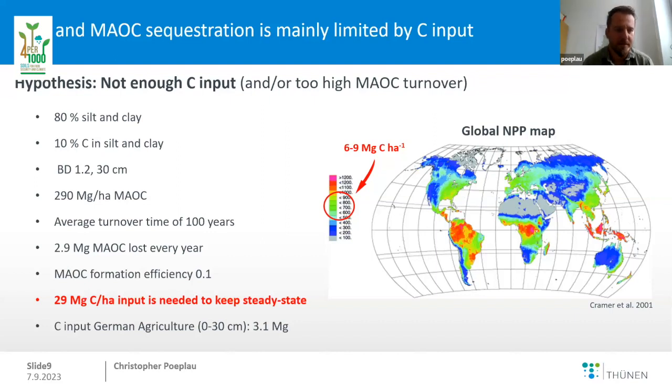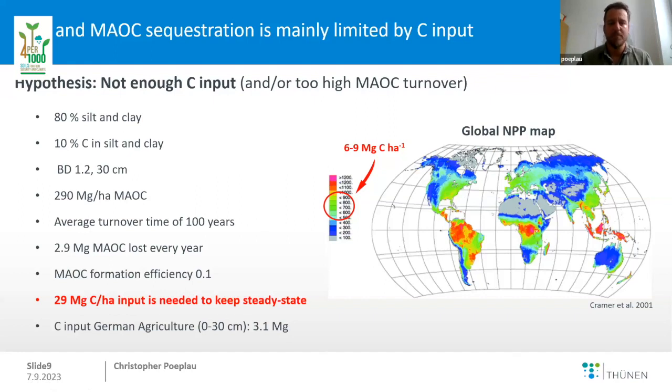We say this fraction has an average turnover time of 100 years, which is already long, I think. So we would actually lose about 3 tons of carbon every year. And if we have a formation efficiency of 10%, we would need almost 30 megagram of carbon to keep that steady state. I hope you can follow.